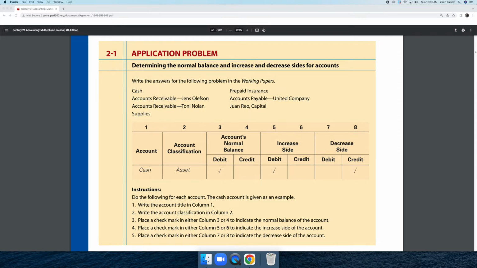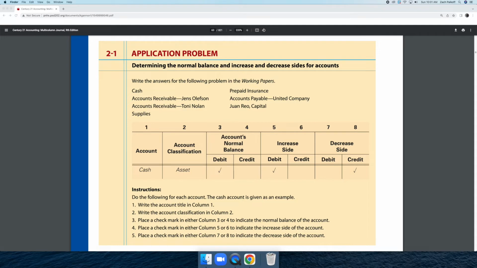Number 4, place a check mark in either column 5 or column 6 to indicate the increased side of the account. And for number 5, place a check mark in either column 7 or column 8 to indicate the decreased side of the account.